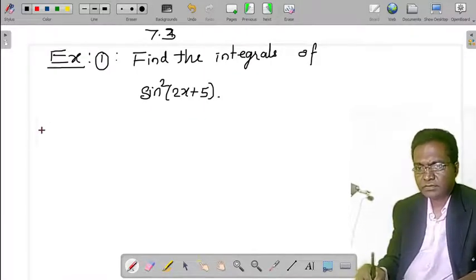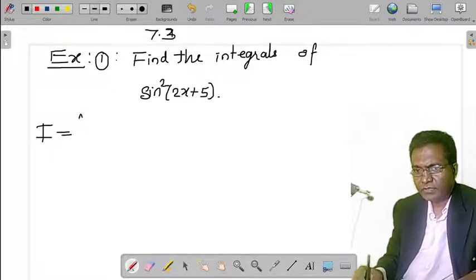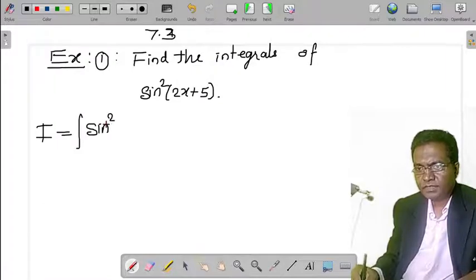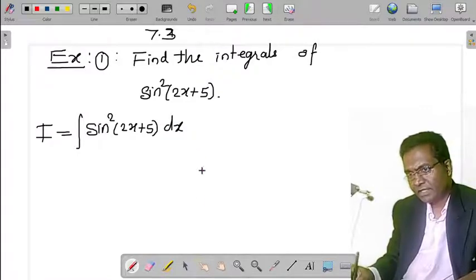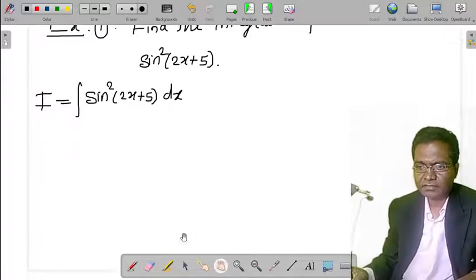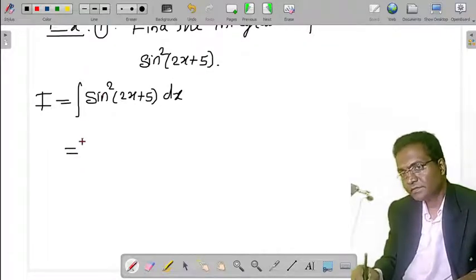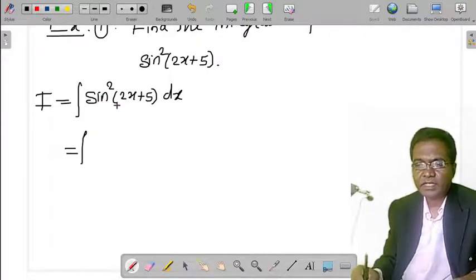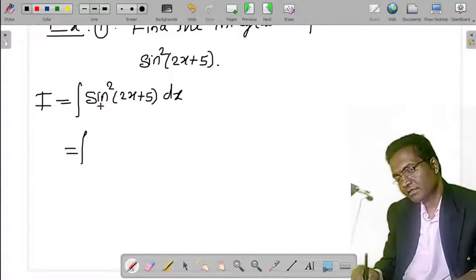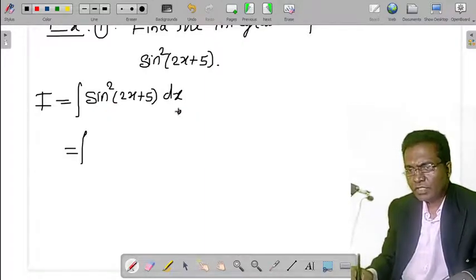So let I be equal to integration of sine square 2x plus 5 dx. There is no standard integral for direct sine square, so you need to convert this.